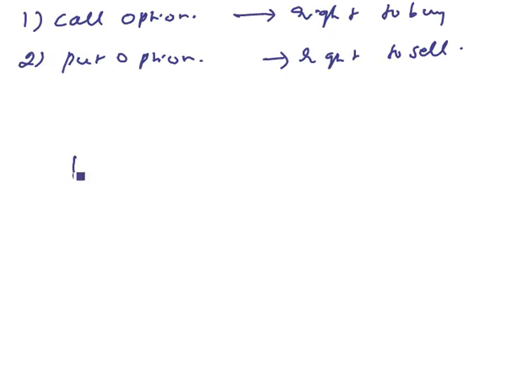A stock is, let's say, trading at 100 rupees as of today. After 30 days, nobody knows exactly what the price will be. But let's say there is one party called A, another party called B.